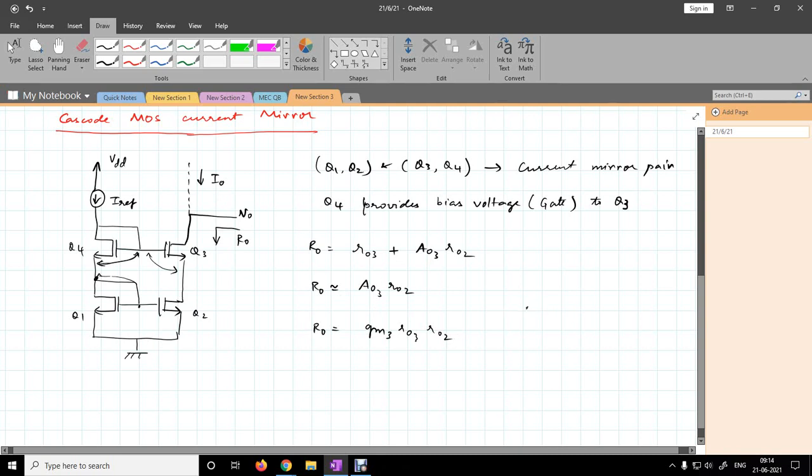Actually here A03 is 1 plus GM3 plus GMB3 into R03. This is your actual A03, but we are simplifying it to GM3 into R03.